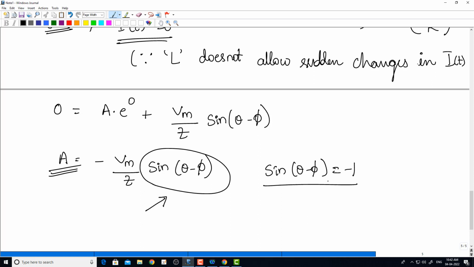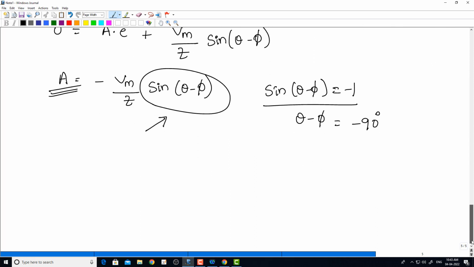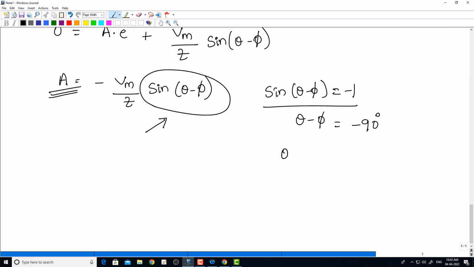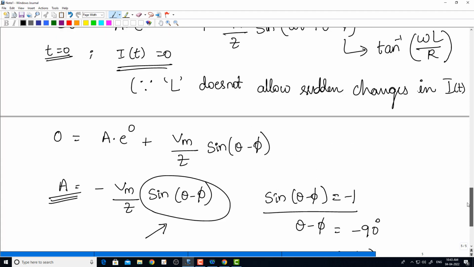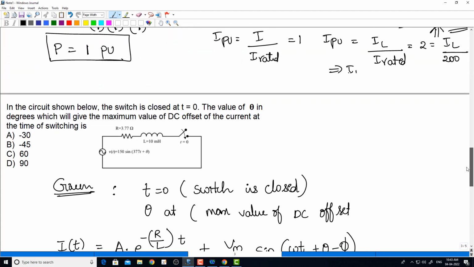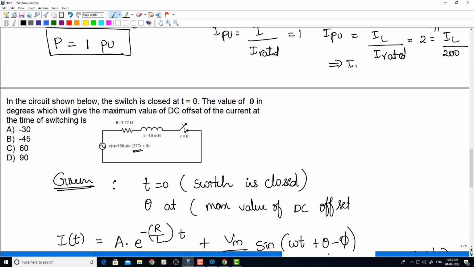So when this will be equal to minus 1, theta minus phi is equal to minus 90 degrees. And we know that phi is tan inverse of omega L by R. So, theta minus tan inverse of omega L by R is equal to minus 90 degrees. Omega is 377. In the question, it is given that omega is 377, right?